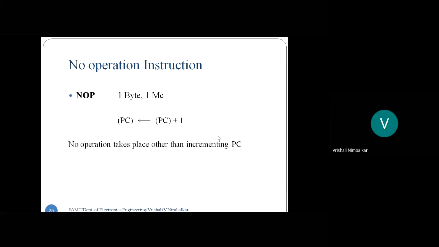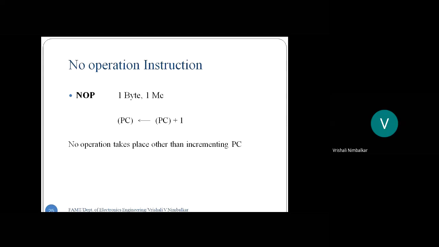Why this is done? So that later on, if you want to add a few instructions in between the program, I can delete the NOPs and I can write those instructions in between. That's how these NOPs are helpful. Okay, hope this is understood.